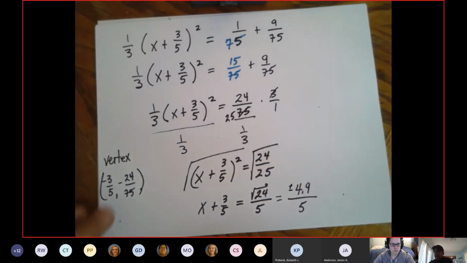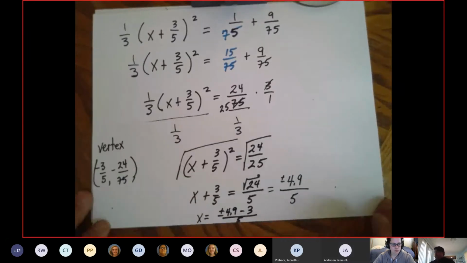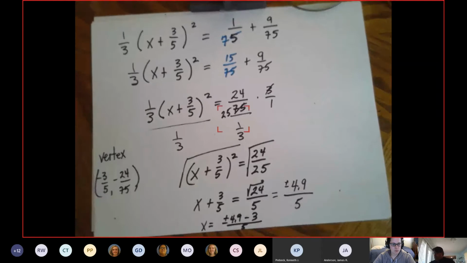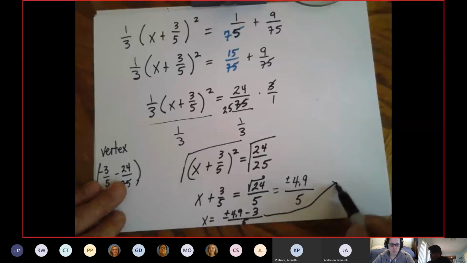So now our x-intercepts is equal to positive or negative 4.9 minus 3 over 5. And somebody tell me what $4.90 minus $3 is. That's $1.90.